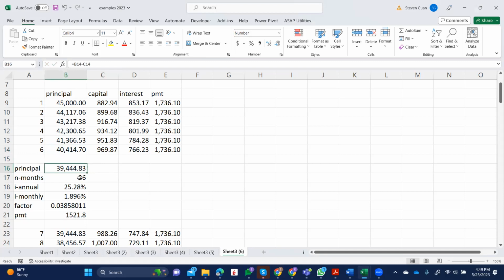Now, how many months are left? I have already 6. It's 36, so it should be 30, correct? Then what is my new interest rate? I told you guys, please, what is the number? What was the interest rate increase?